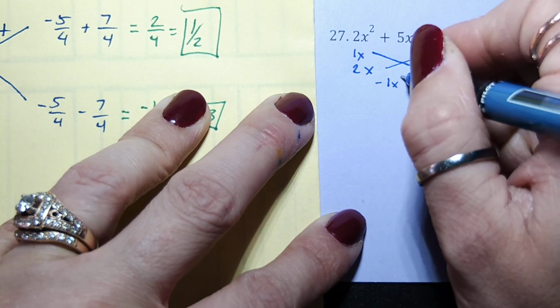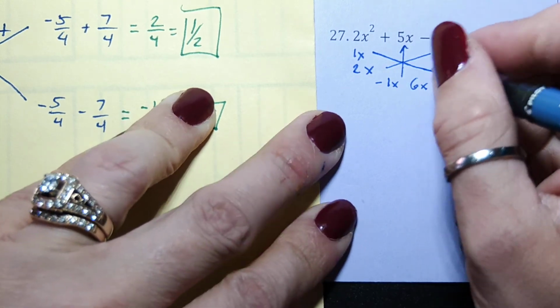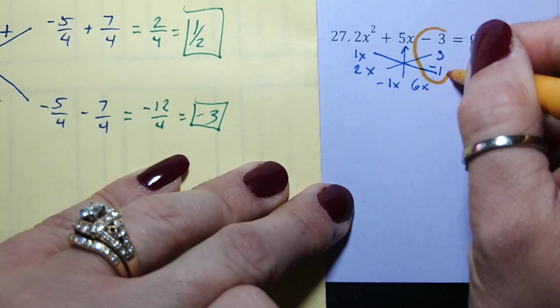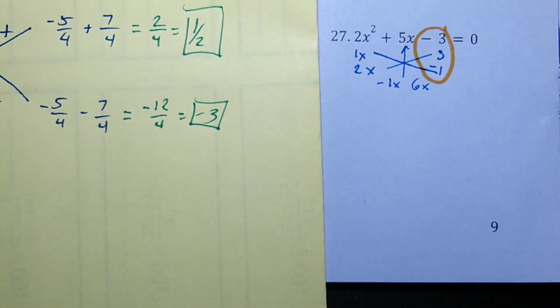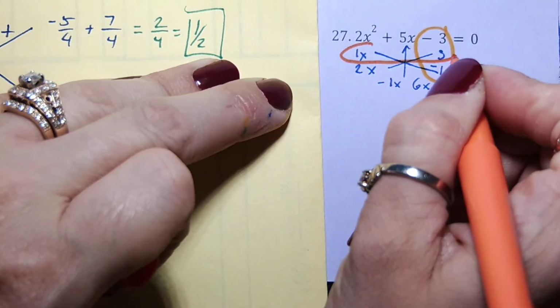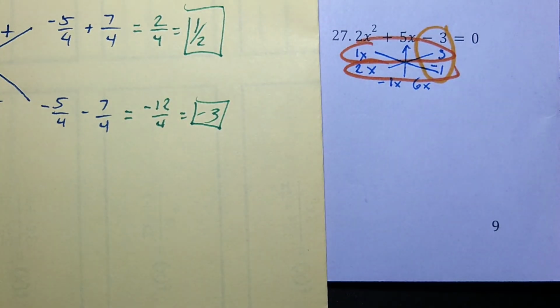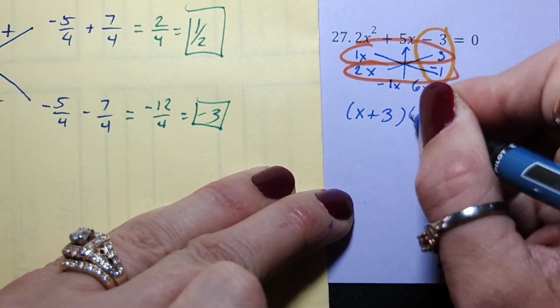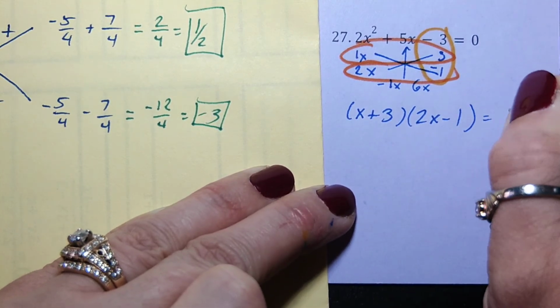I need the 1 to be negative to get 5x, so I need this one to be negative. Do make sure, though, that you're checking to make sure you are getting the right sign on that product number. 3 times negative 1 is negative 3, so that is my correct pair of factors. So the x gets paired with the 3, the 2x gets paired with the negative 1, so x plus 3, 2x minus 1 equals 0.